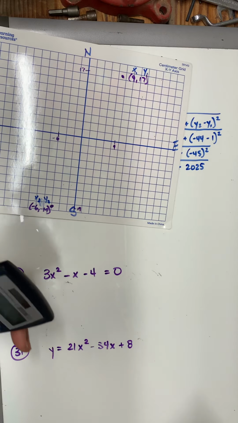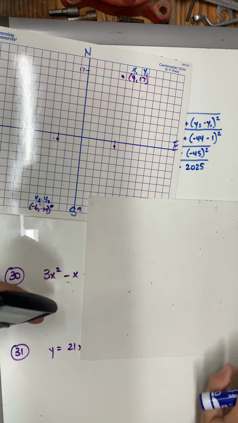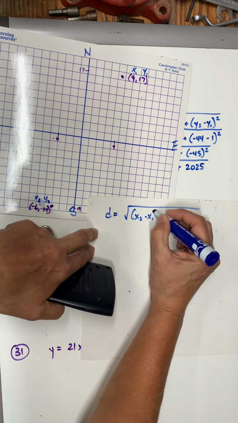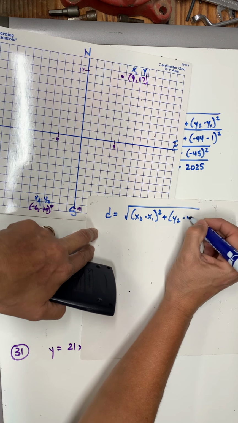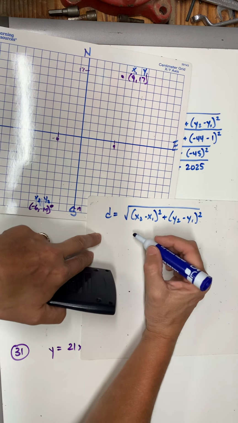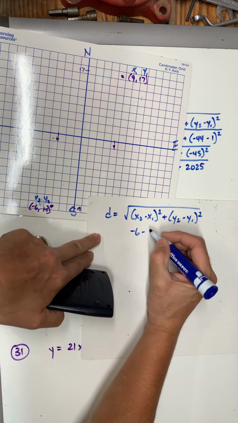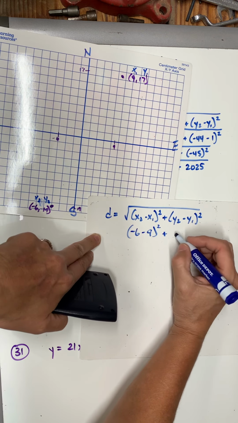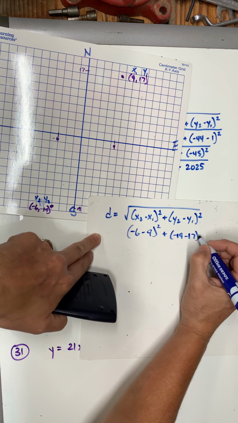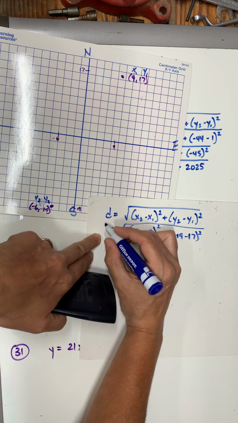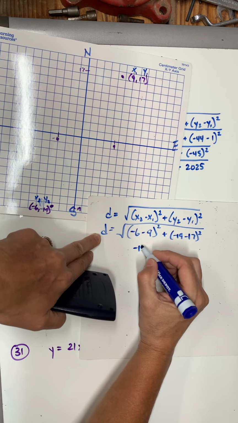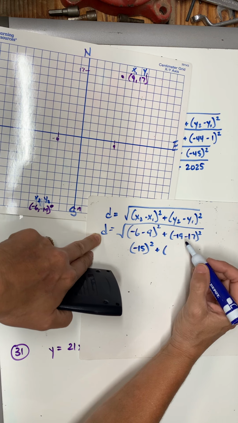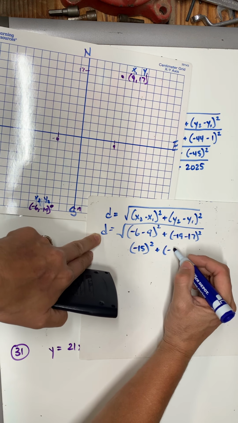So remember, the formula is d equals the square root of x2 minus x1 squared plus y2 minus y1 squared. My x2 in this problem is -6 minus x1 is 9, squared. My y2 is -19 minus 17, squared. Okay, -6 minus 9 is -15. -19 minus 17 is -36.